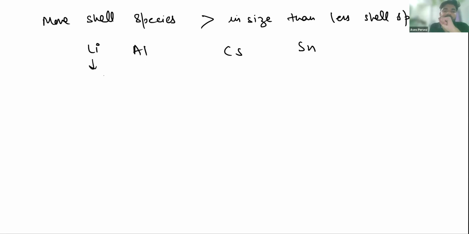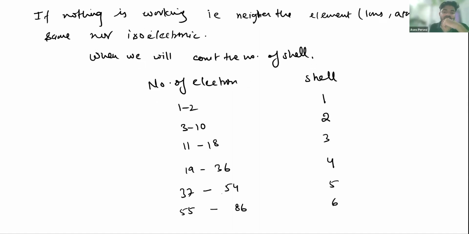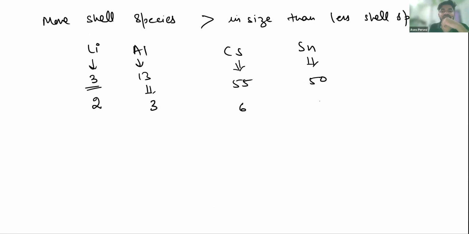Like for example, if I'm talking about lithium, aluminium, cesium, and tin. Their atomic numbers are given: lithium 3, aluminium 13, cesium 55, and tin 50. So you know that lithium is going to have 2 shells, aluminium 3 shells, cesium, between 55 and 86, 6 shells, and tin, at 50, 5 shells.